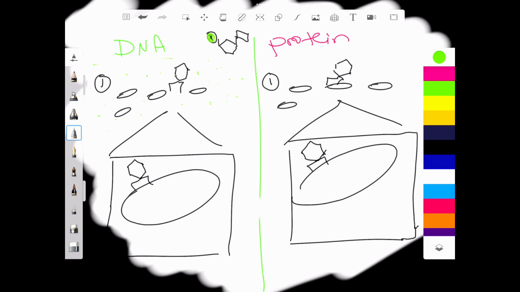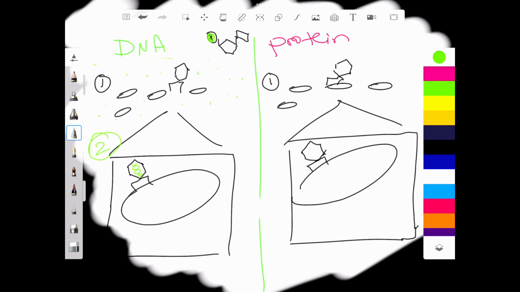Then that DNA was going to be radioactive, and if it was injected into the host cell in step 2, as we see here, and used to make new viruses, then the experimenters would be able to track that because they would be able to see where the radioactivity was inside or outside of the cell.